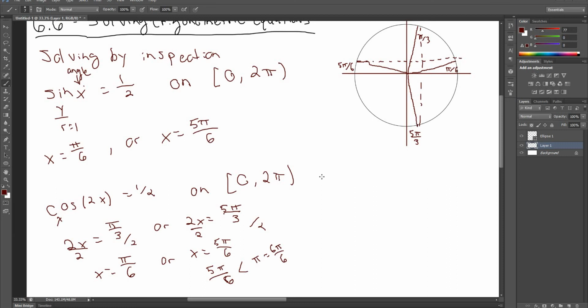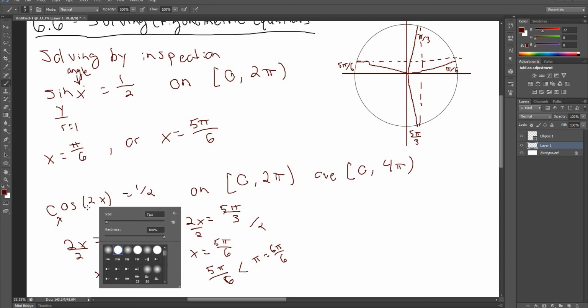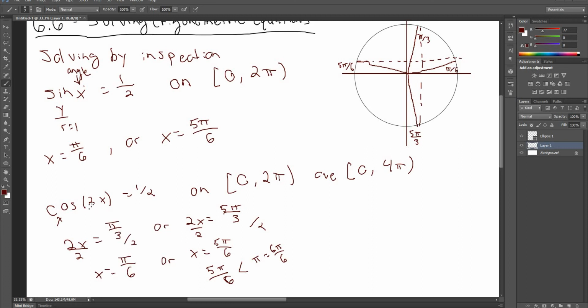So in reality, we're actually going to be looking for this to be over 0 to 4 pi. Because this 2 tells me I complete 2 full passes around the circle in the matter of 2 pi. I'm going twice as fast in my graph.